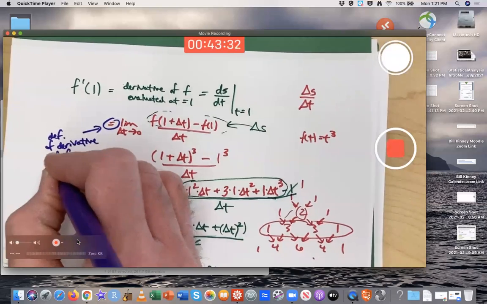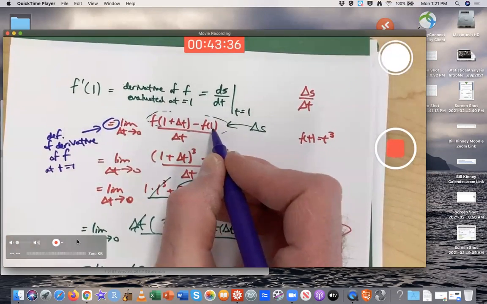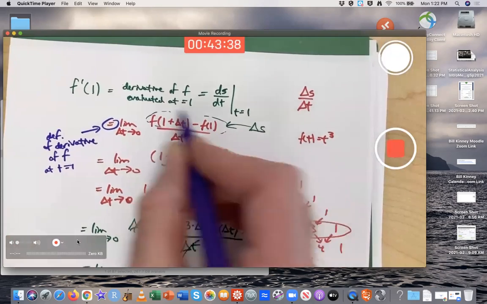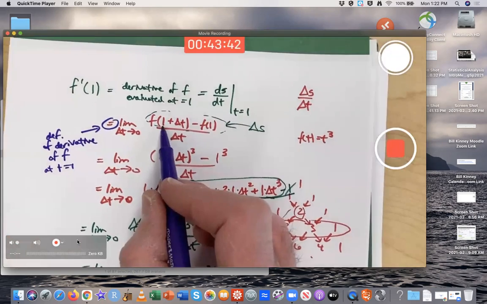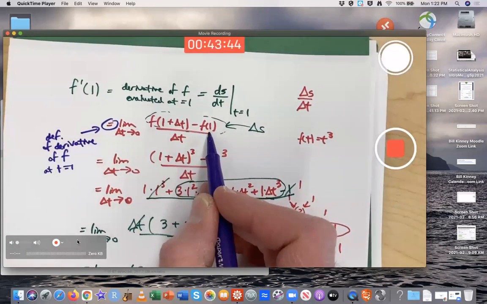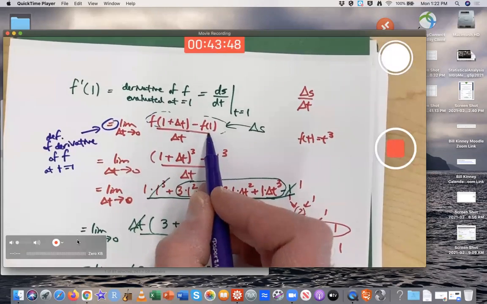And I'm plugging a 1 in right there and right here. If I was finding f prime of 2 instead of f prime of 1, I'd plug a 2 in right there and right there. If I was finding f prime of 3, I'd plug in a 3 right here and right there.